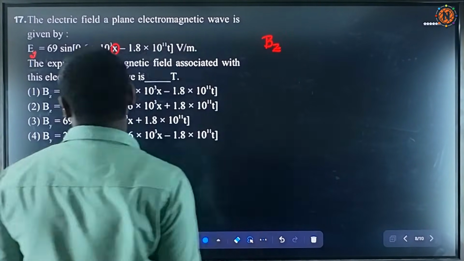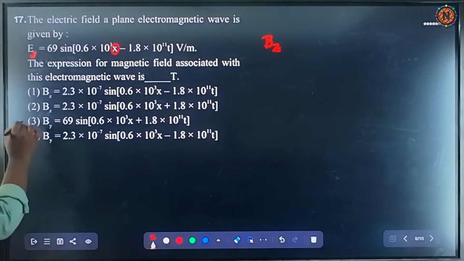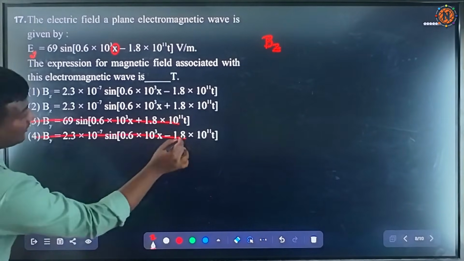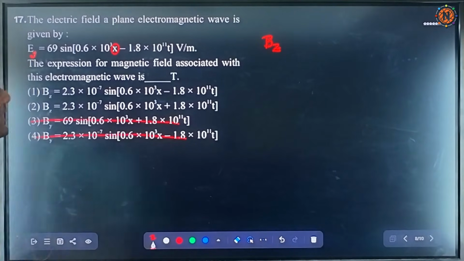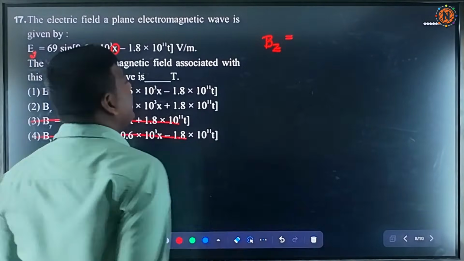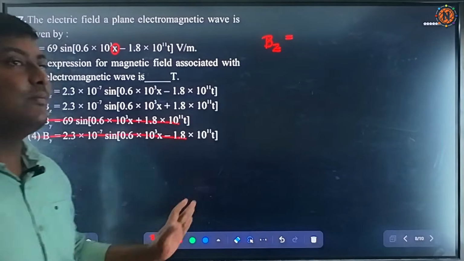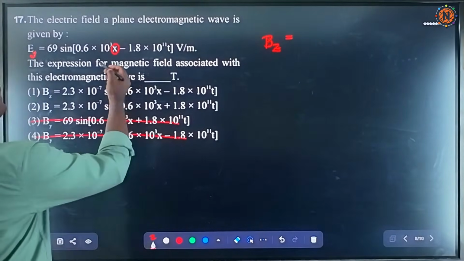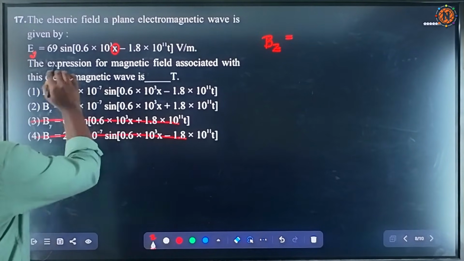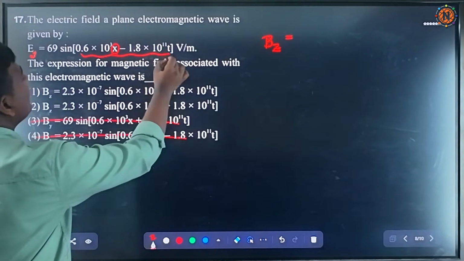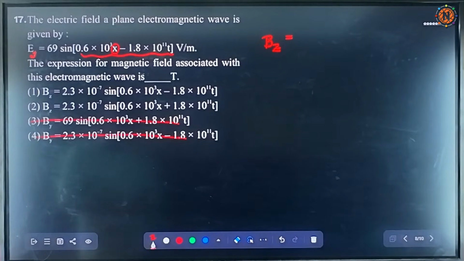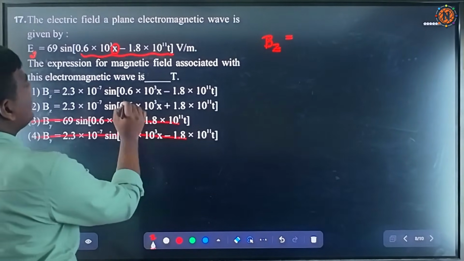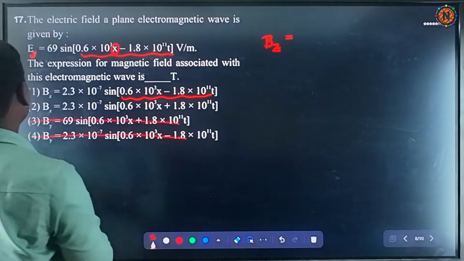That will be Bz. So directly we can neglect these two options, because this is By and this is also By. And since the phase of the electric field and magnetic field will be the same, there should be no phase difference. So whatever is written inside the electric field will be the same here too. That means we can directly say option A will be the answer.